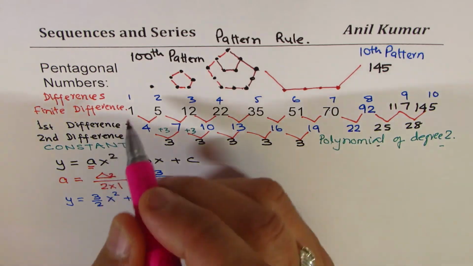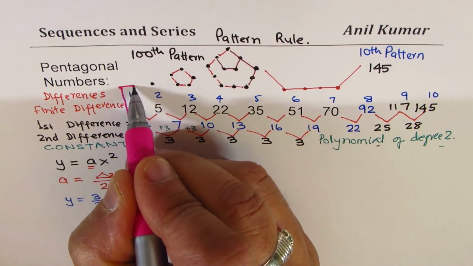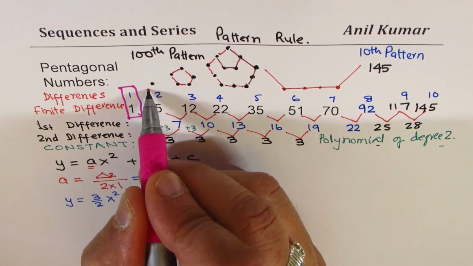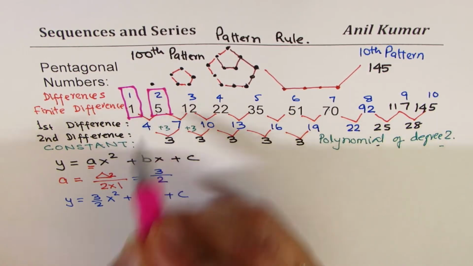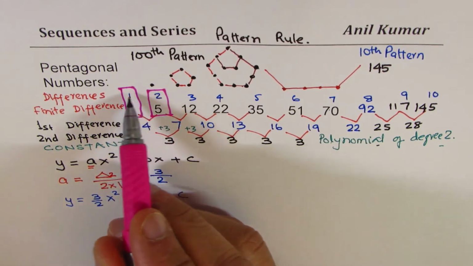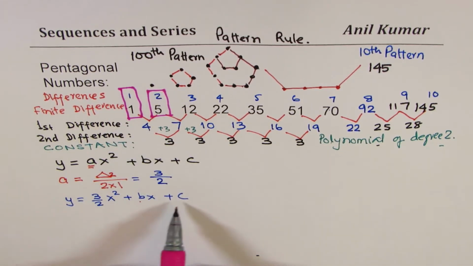So we will use these numbers. First pattern, we have 1 dot. The second pattern, we have 5 dots. So using these 2 from our patterns, we can find the values of b and c. To solve for 2 unknowns, we need 2 equations, correct?